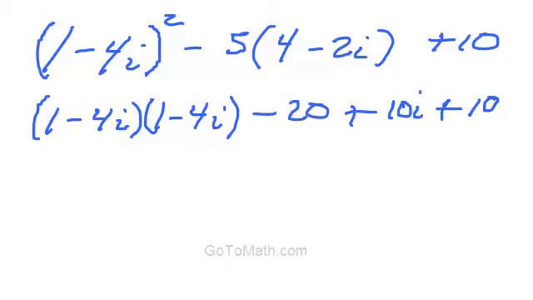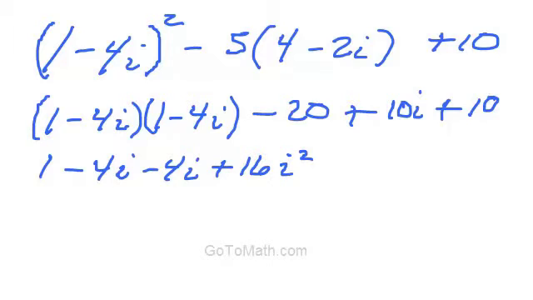So 1 times 1 is 1. 1 times negative 4i is negative 4i. Negative 4i times 1 is negative 4i, and negative 4i times negative 4i is plus 16i squared, minus 5 plus 20i plus 10.